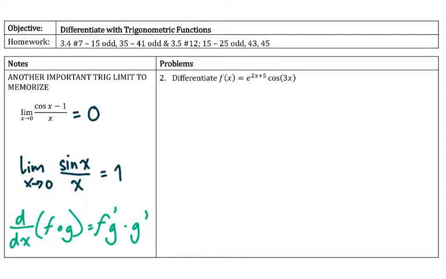So in here we have a product rule and a chain rule going on. For our product, I'll divide these like so. Here we have cosine of 3x. The derivative of cosine is negative sine, and the 3x just stays the same. Then for the chain rule, you multiply that by the derivative inside those parentheses.